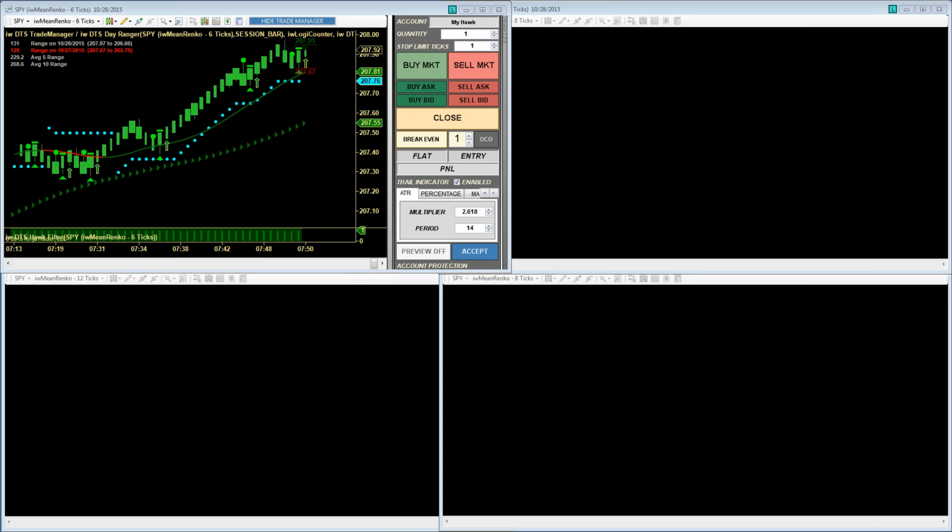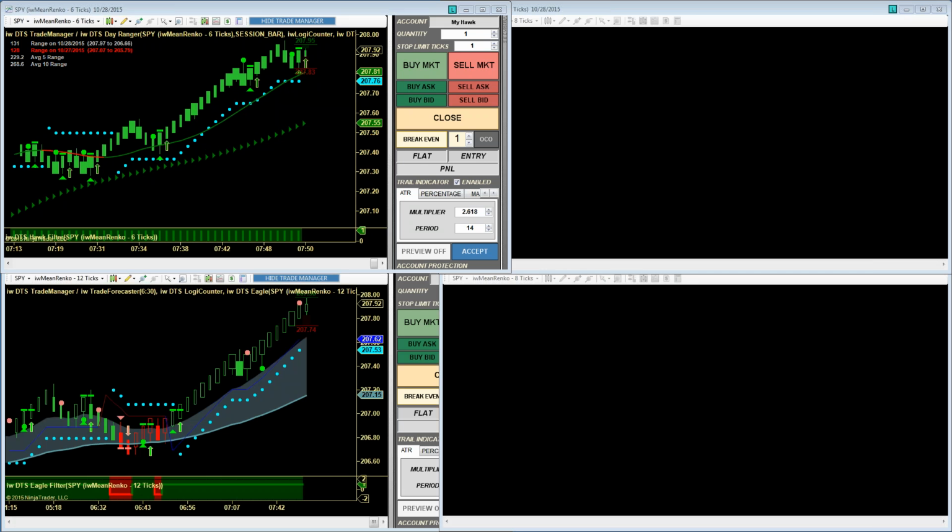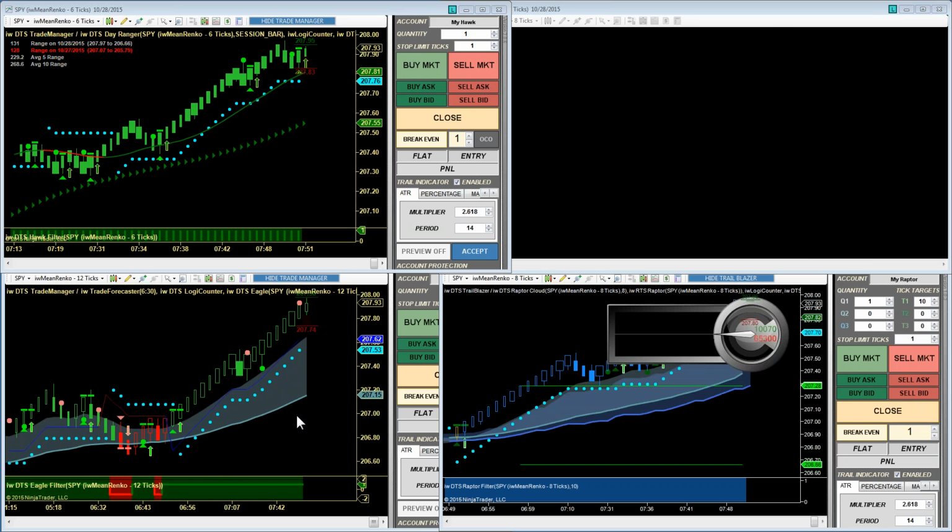Okay, so here's the SPY for those of you looking to trade the less expensive version of the E-mini.